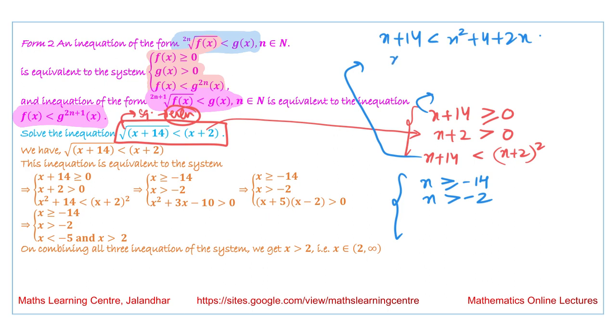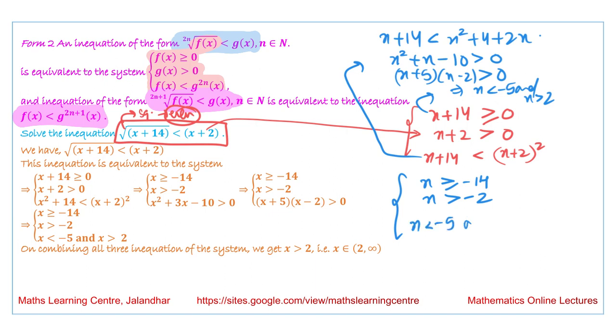So we are getting over here that x square plus 3x minus 10 is greater than 0. So this gives us x plus 5 into x minus 2 is greater than 0. So this implies that x is less than minus 5 or x is greater than 2.